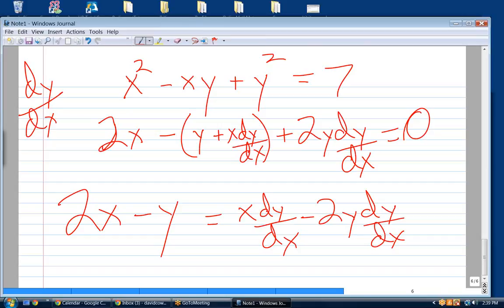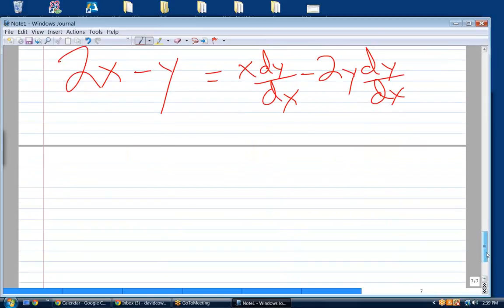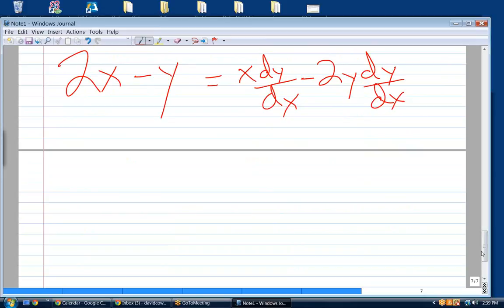Now we have to move over the x and the 2y somehow. This is the trickiest part of this solution, what to do at this point, because just dividing by that wouldn't work well. No, but think of factoring out the dy/dx. And then we could divide by x minus 2y.